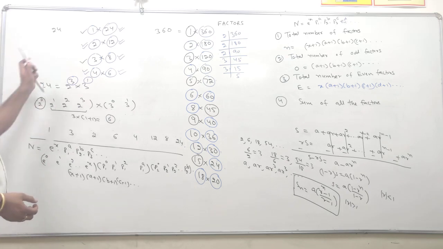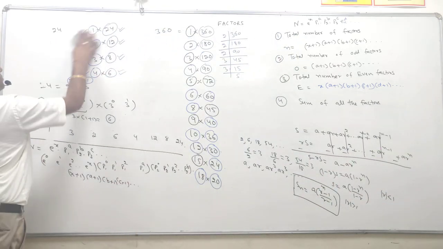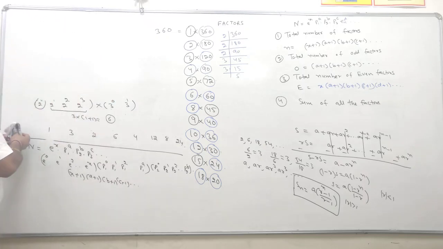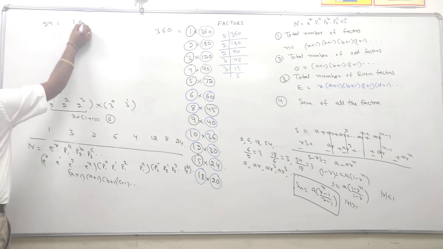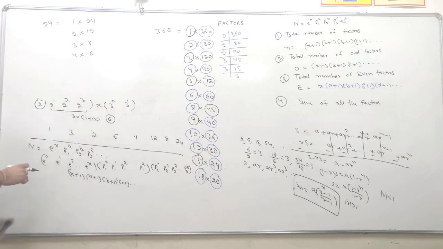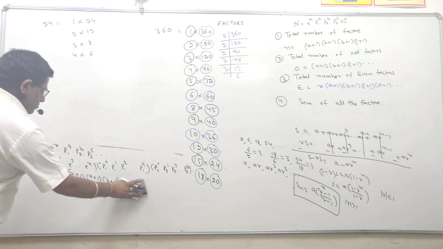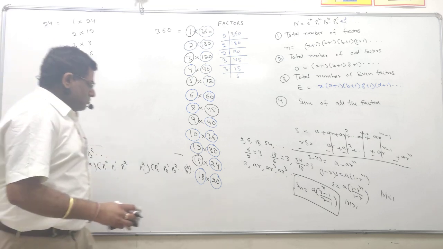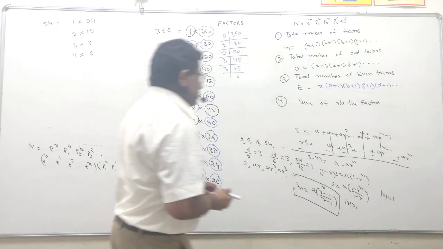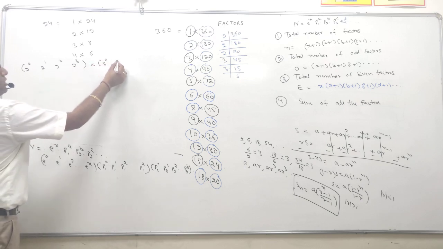If I have to calculate the sum of all the factors of 24, you can see that since 24 is 2 cube into 3, we have written all the factors in this format, that is, we can choose any of the 4 factors for terms from here, and this is 3 raised to the 0 into 3 raised to the 1.